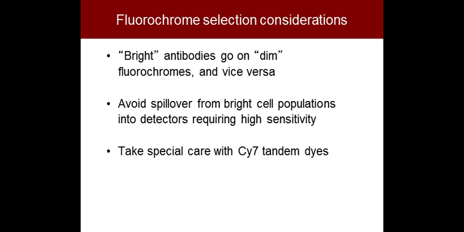And then there are some special issues that apply to tandems, mostly to the size 7 tandems, and so we're going to talk just a little bit about those. They have some propensity to break down and cause extra spillover in their parental channel, and there are some ways to help avoid that or deal with it.